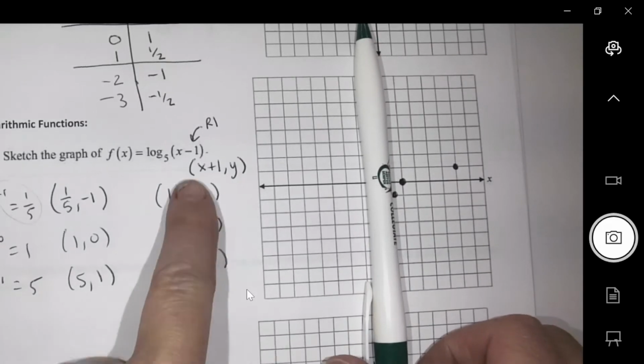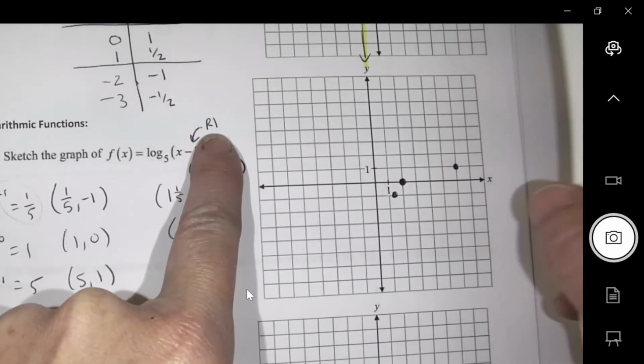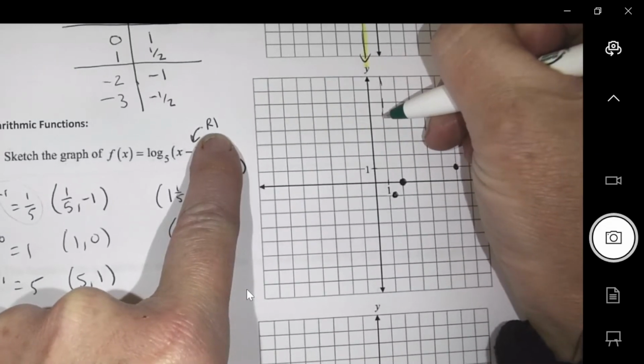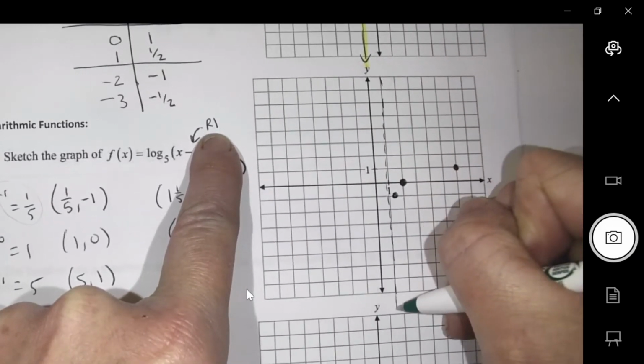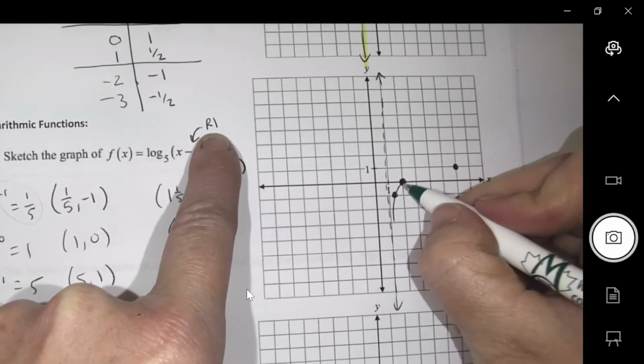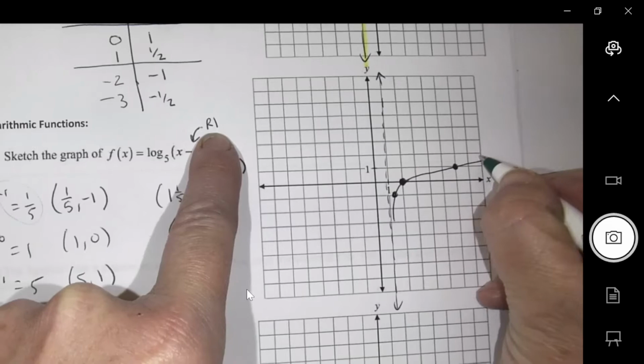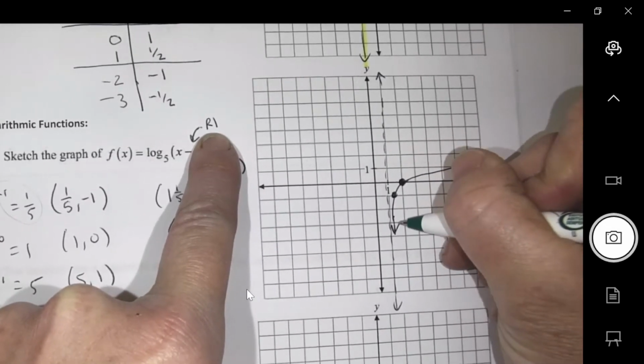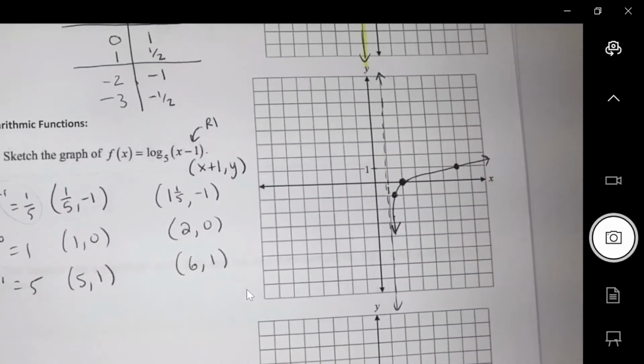And what happened to it? Right 1. If you forget, you probably want to sketch 1 or 2 more points to see what is actually going on more and more.